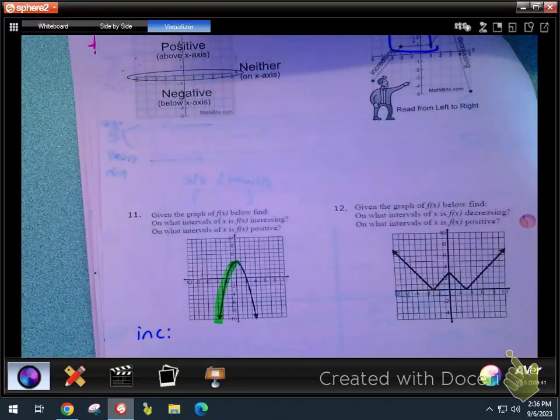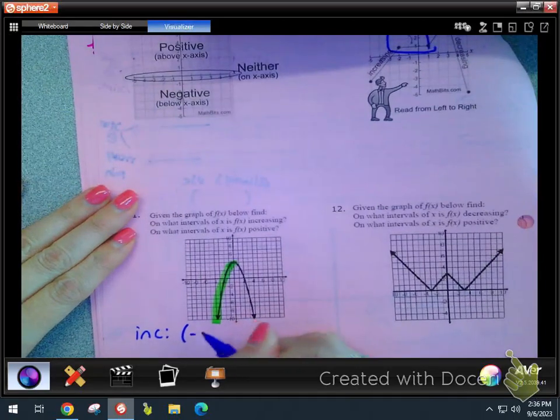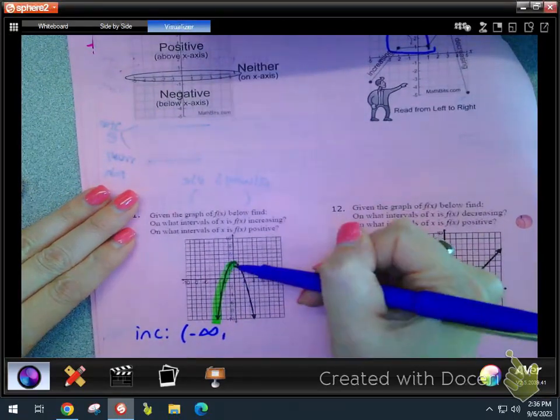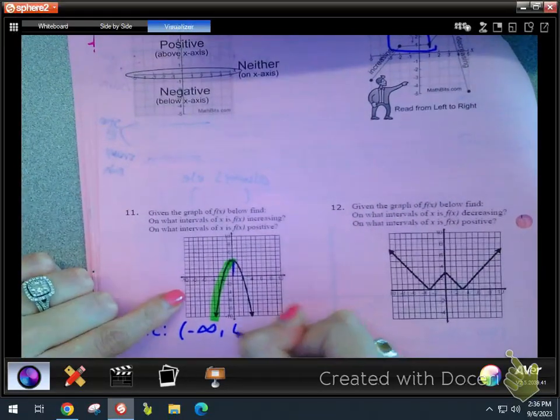Now I need to write an interval for that little green branch. Intervals are going to be written in terms of x. So, where am I increasing from? Left forever. What is left forever? Negative infinity. And I am increasing until I get to what x value? 0.